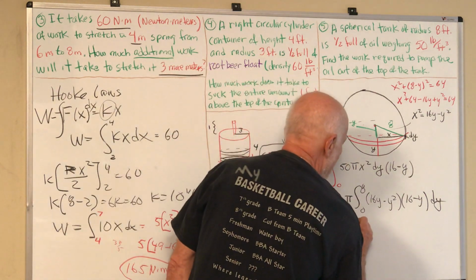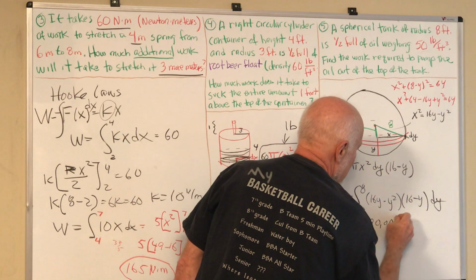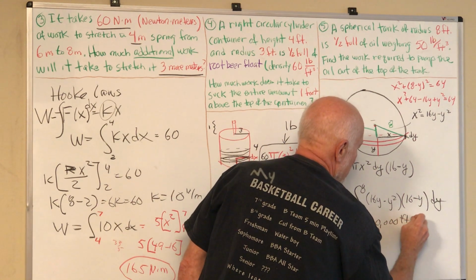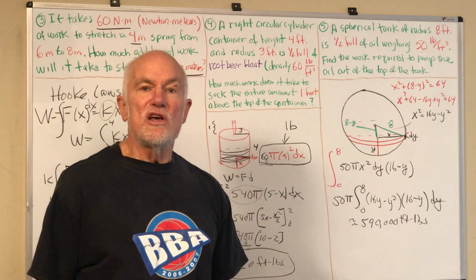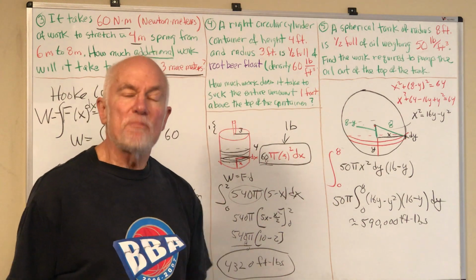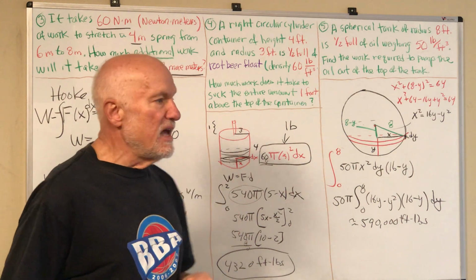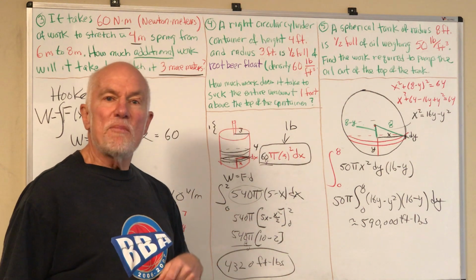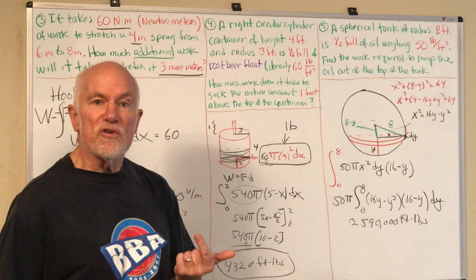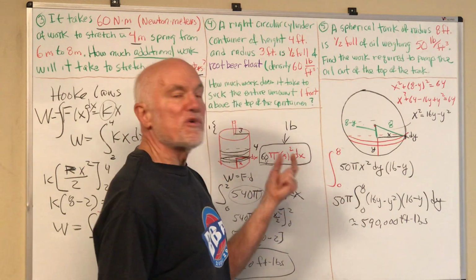It turns out to be approximately 590,000 foot-pounds of work. So it takes a lot of work. So you do need a fairly big pump to pump that out. And a chemical engineer would have to determine how big of a pump they needed, because pumps are rated in how much work they do per hour. So they could figure out from that how big of a pump would be required.